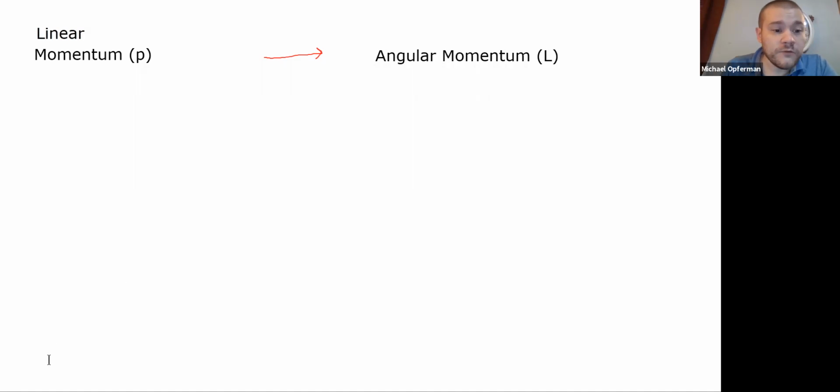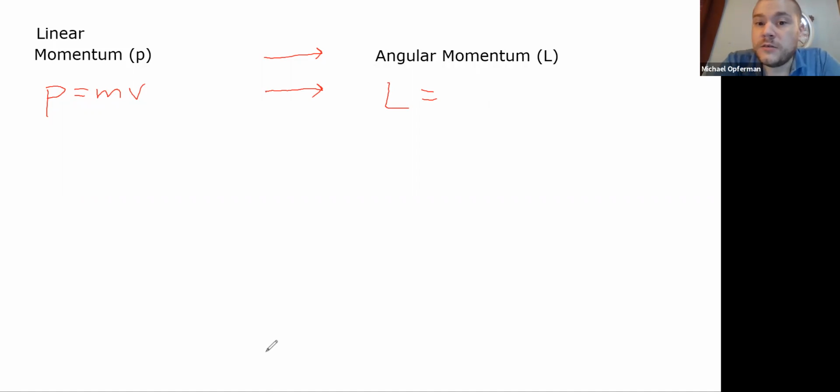Okay, so first of all, the defining equation, which I was getting ahead of myself on a moment ago. The defining definition for momentum is P equals mv. So what's the defining equation for angular momentum? And actually, you can probably guess what it is if you think about it for a couple minutes, because it's actually the same equation. Momentum is mv. What's the angular equivalent of mass or inertia?